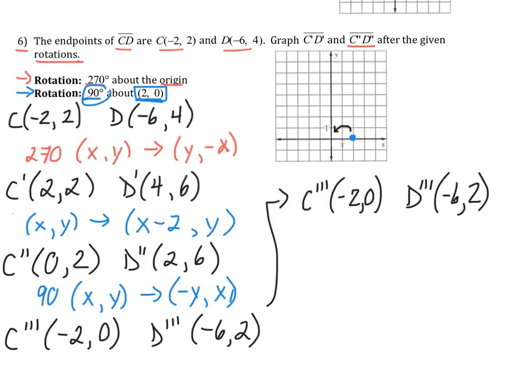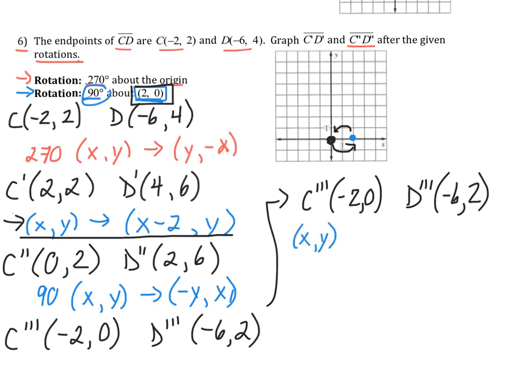So I have rotated 90 degrees, but now the problem is I rotated around the origin. So what I have to do is move all my points back so that they're centered around that point 2, 0. So now I just have to do the opposite of what I did at this step right here. So once again, I'm going to translate them.